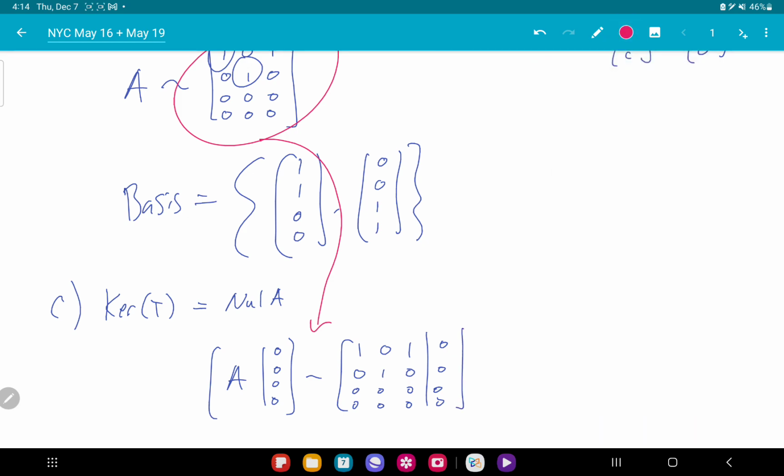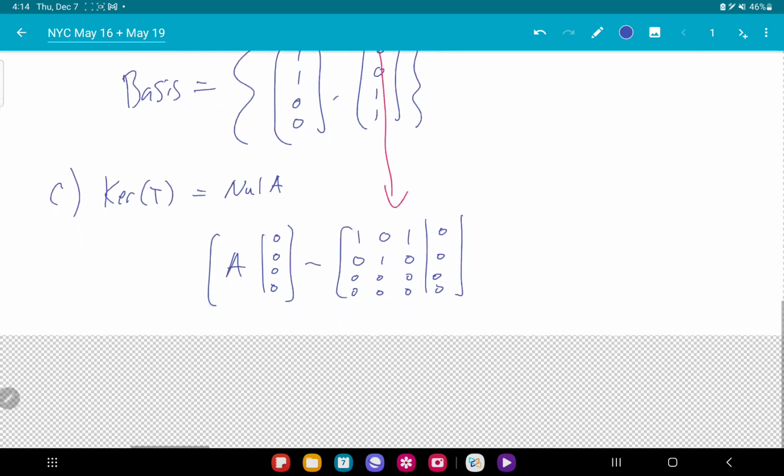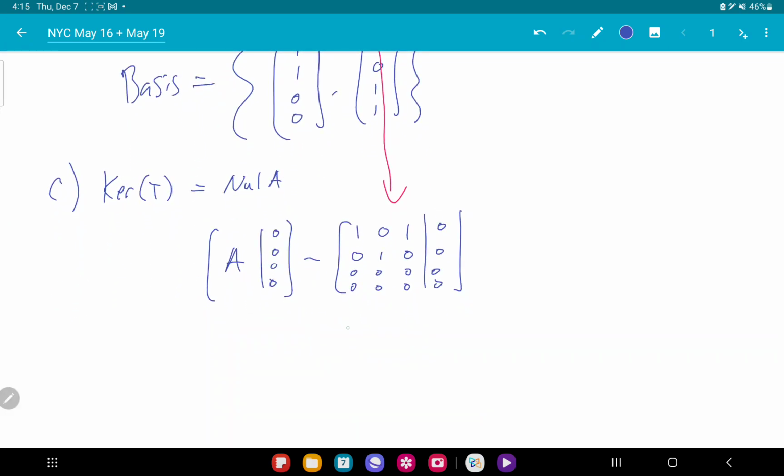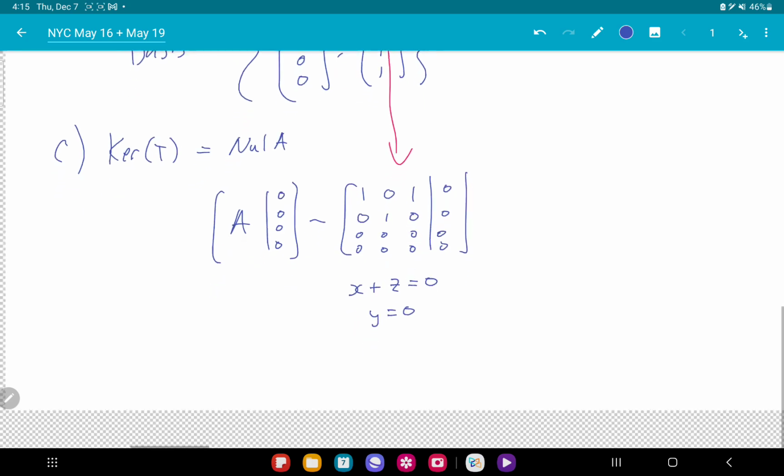So again, using what I did up here, I got my information helping me there. So what does that tell me? Well, it tells me that x plus z is equal to 0 and y is equal to 0.